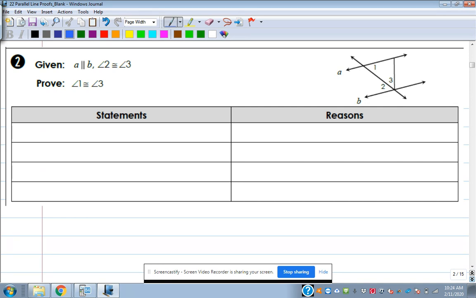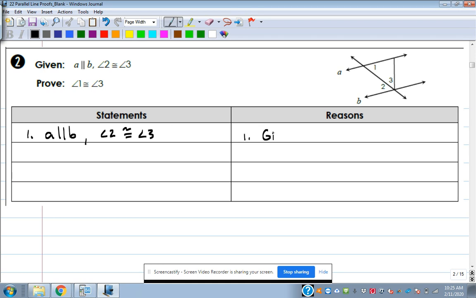Number 2. Ooh, they give us that the lines are parallel already. That's nice. Line A and B are parallel to one another, and then angle 2 and 3 are congruent to one another. So I'm going to, on line 1, just do A parallel to B, then angle 2 is congruent to angle 3.